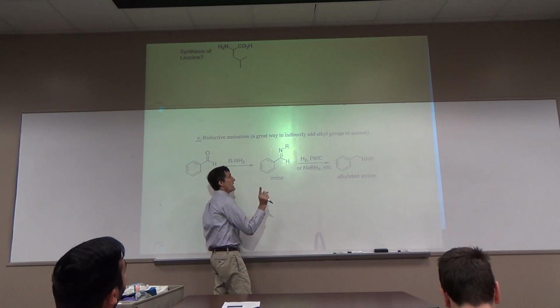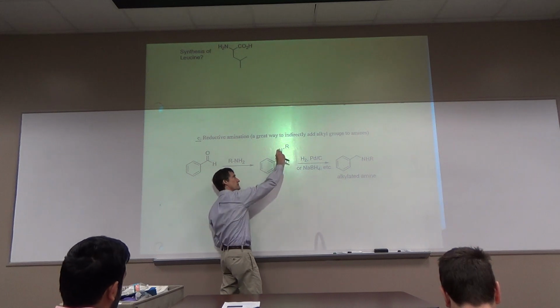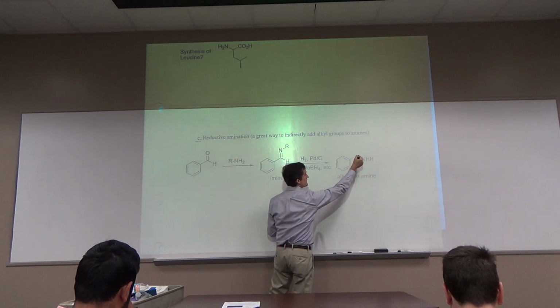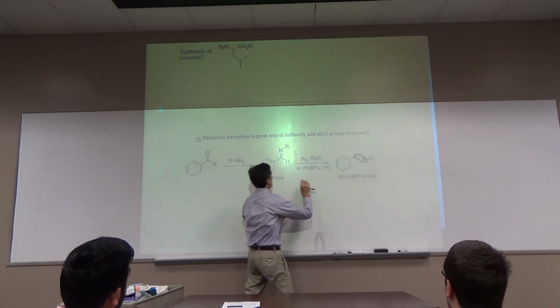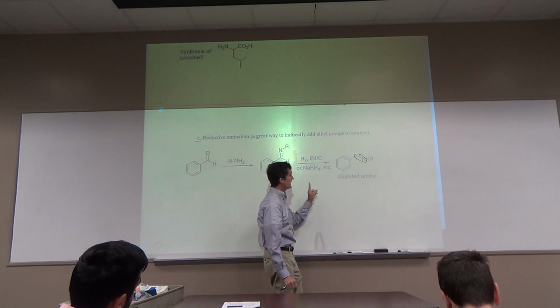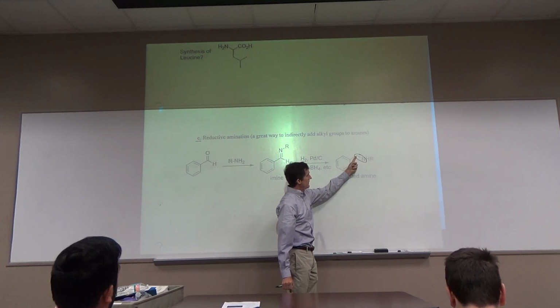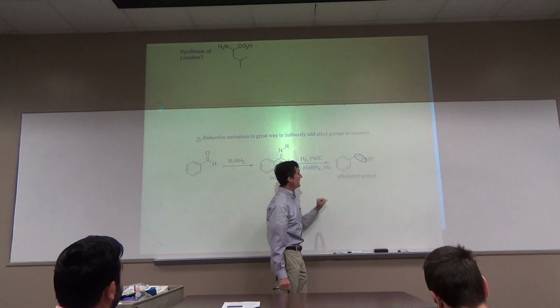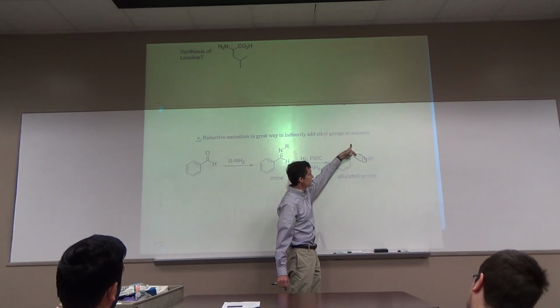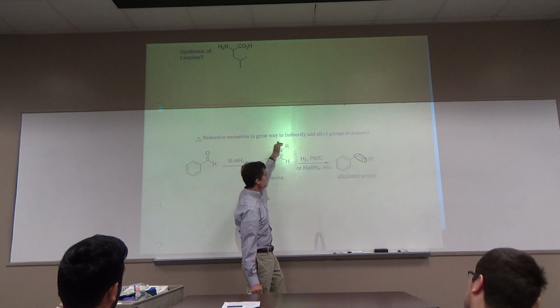One other thing you can do is reduce this double bond. Now the nitrogen's drawn up here and over here it's drawn that way, but it's the same thing. We now have a CN single bond. One H on carbon, now two H's on carbon. No H's on nitrogen, now one.